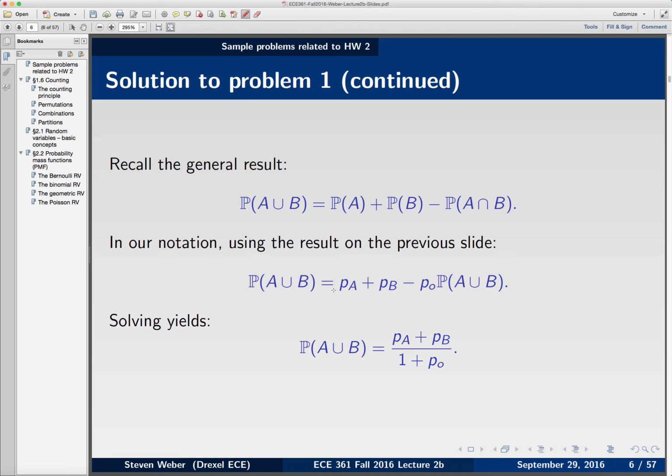Probability of A or B is PA plus PB minus PO times probability of A or B, where this expression came from the previous slide. But now I have an expression for the probability of A or B. I can solve that equation for probability of A or B and get the following result. So keep this in mind and our previous in mind for the next slide.